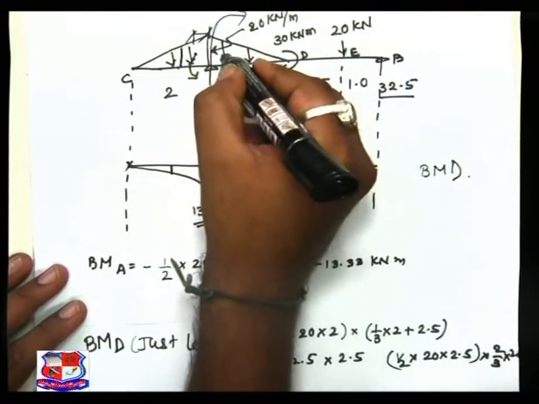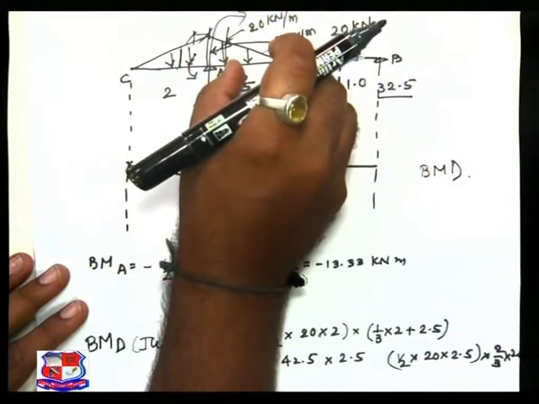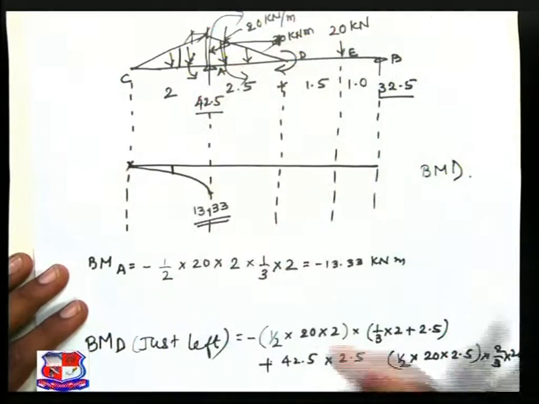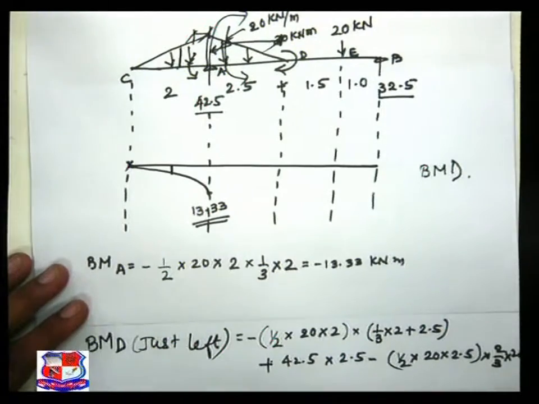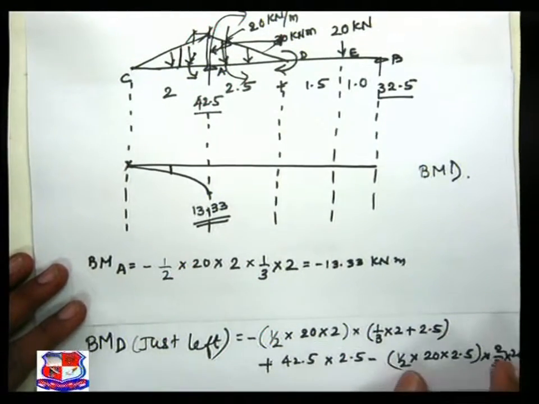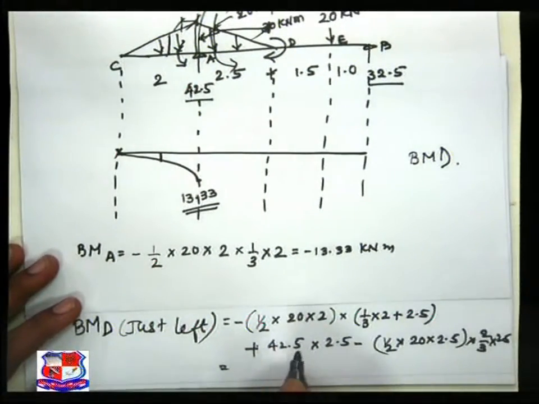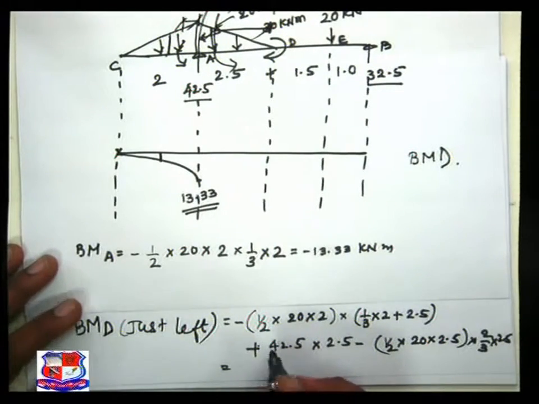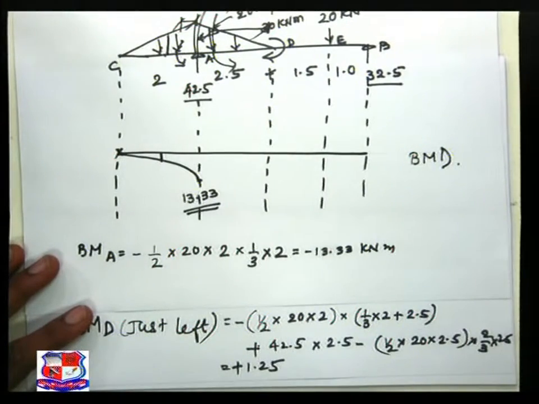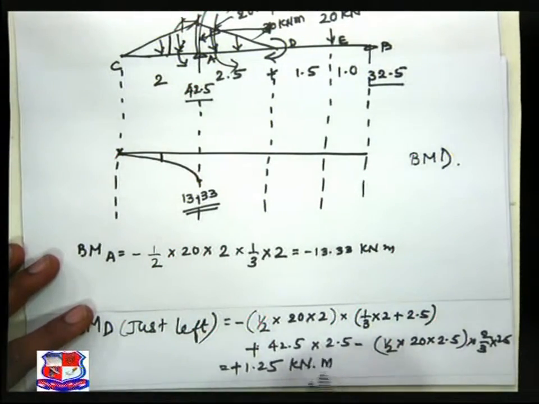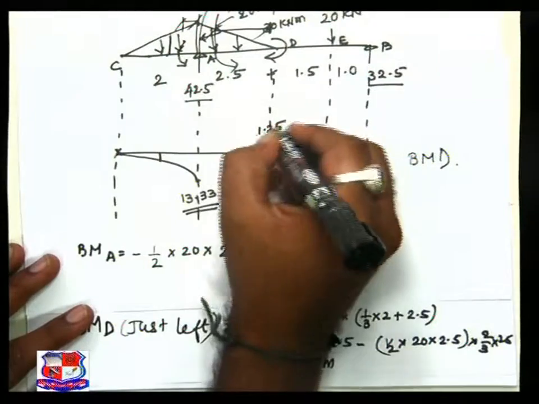See, I want this distance, and this distance is 2/3 of 2.5, and this creates section left anti-clockwise, negative sign, and this gives me an answer of 2.56, sorry, it is 1.25, plus sign, 1.25 kilonewton meter. The answer which I achieve over here is 1.25.